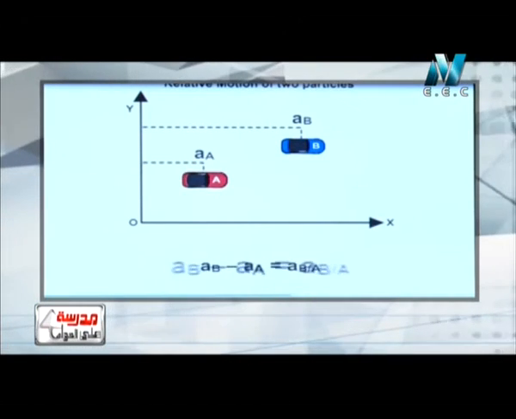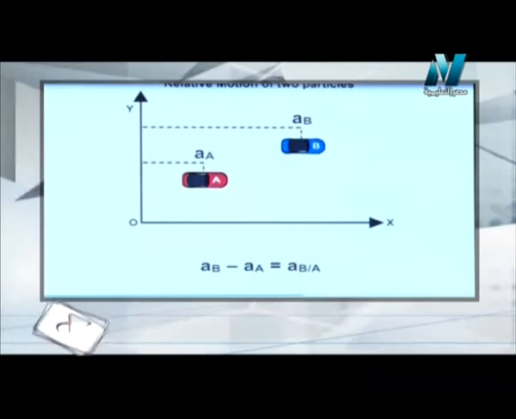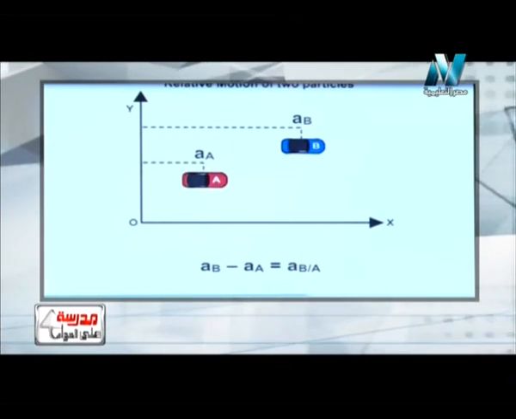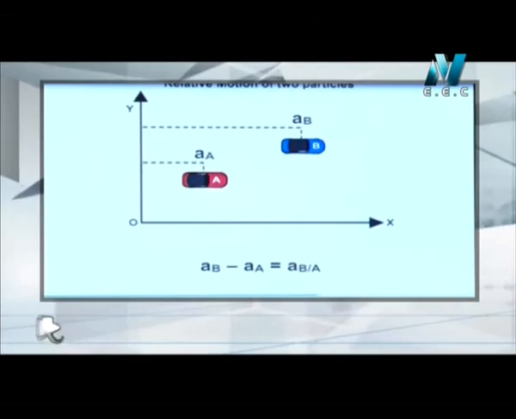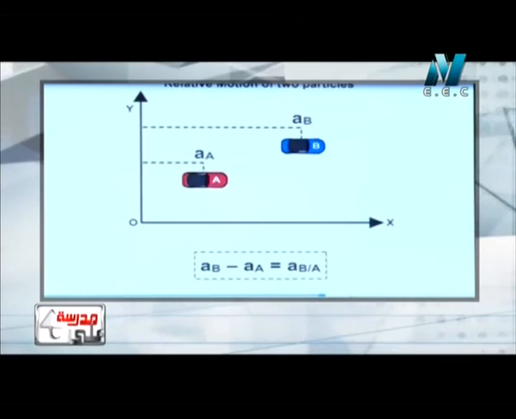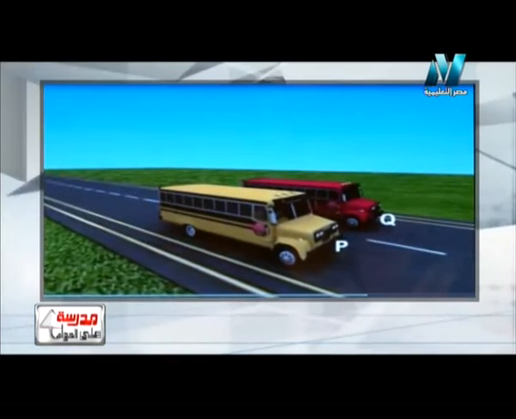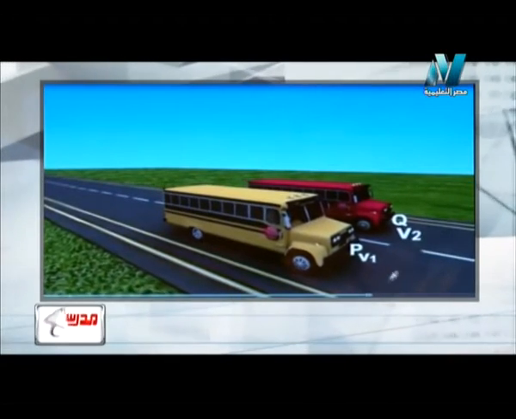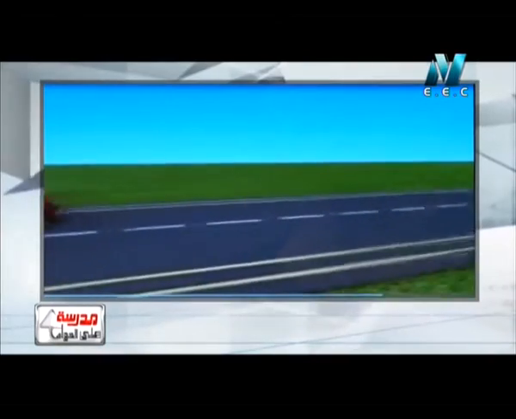Of course here B to A, B is more than A, so the result will be positive. If we have B to A, positive. If we have A to B, in this case negative. As we have two objects moving in the same direction.